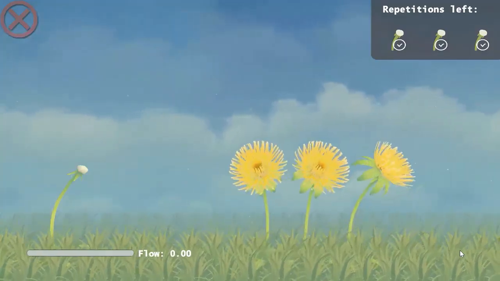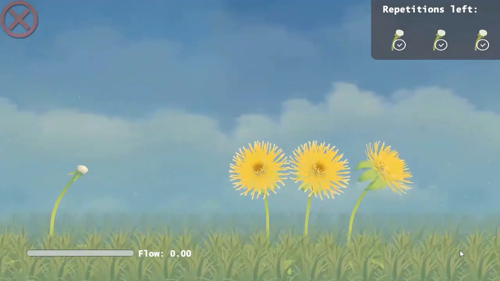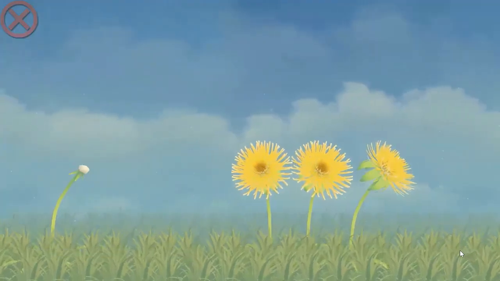And here we're able to have new growth because we had proper spreading of the seeds with the dandelion.